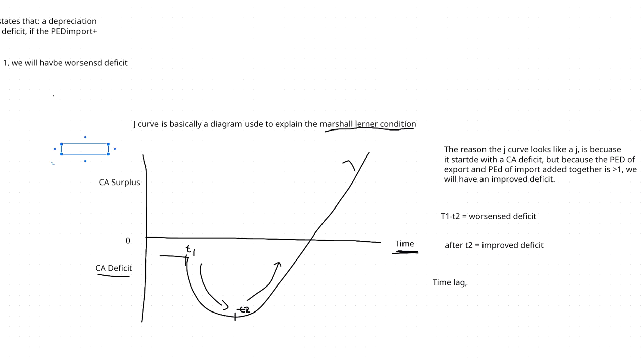When there's a depreciation, the time lag says that from T1 to T2, consumers or foreigners are not likely to notice that exports are cheaper.